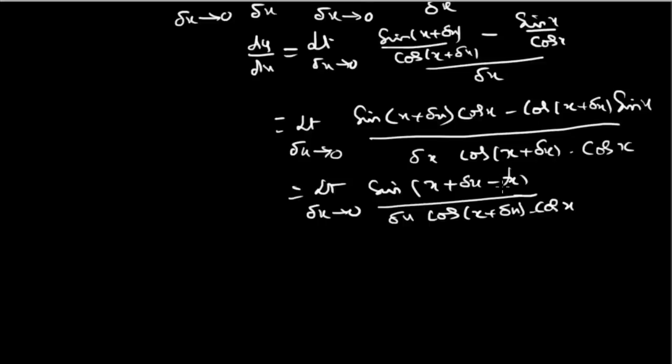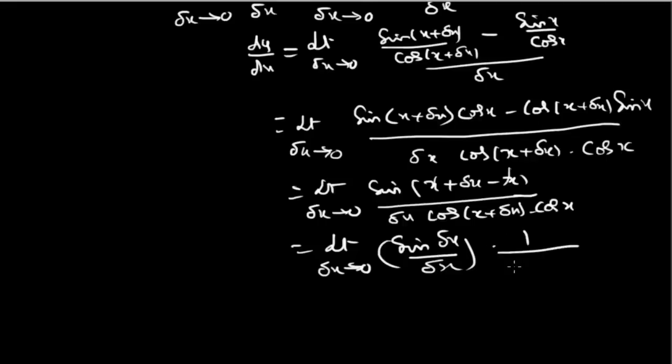Here x and x cancel. So put it in the form, limit delta x tending to 0, sin delta x by delta x into the other thing you keep here, cos of x plus delta x into cos x.